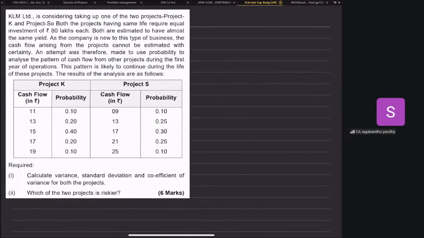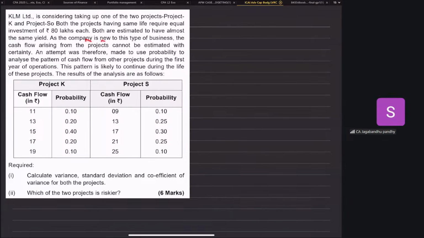See, ALM Limited is considering taking up one of the two projects, Project K and Project S. Both have the same life and require equal investment of 80 lakh each. Both are estimated to have almost the same income.